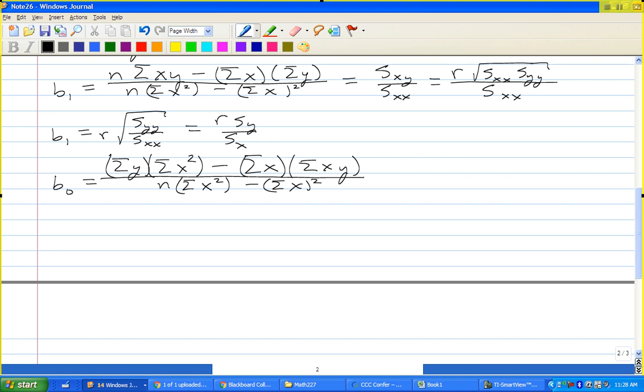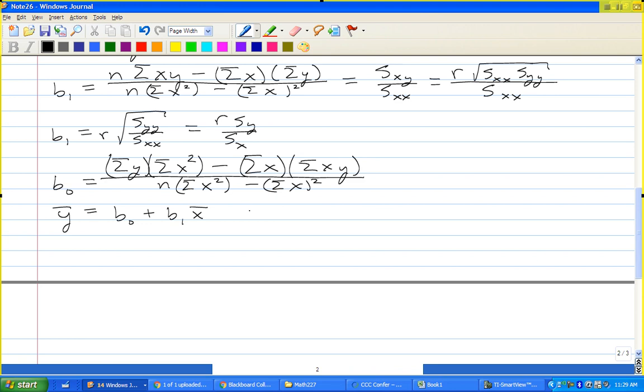But usually we use the fact that y equals mx plus b, and so the fact that the mean lies along the regression line will simplify.